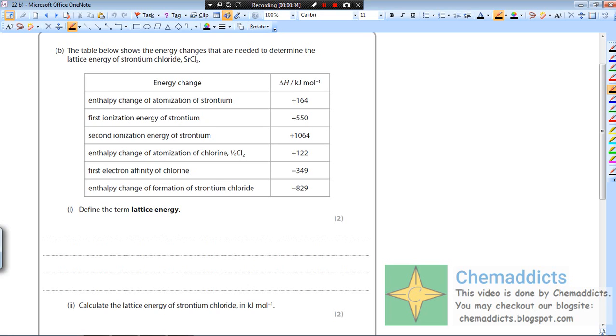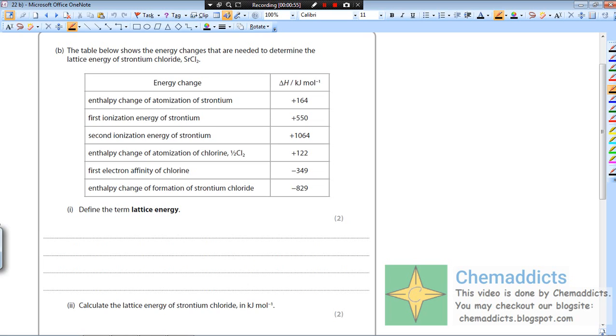So let us at first read the question. The table below shows the energy changes that are needed to determine the lattice energy of strontium fluoride. Okay, so this is the energy change given, and here the value for enthalpy change is given.